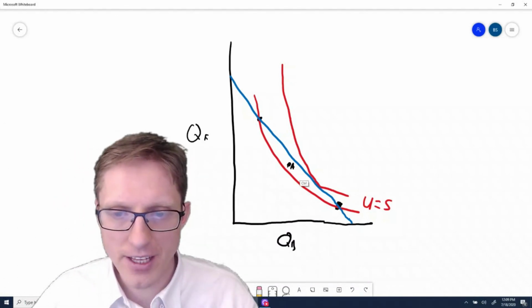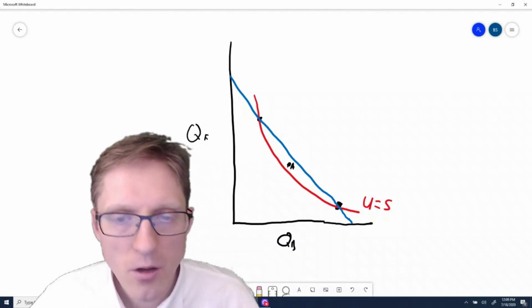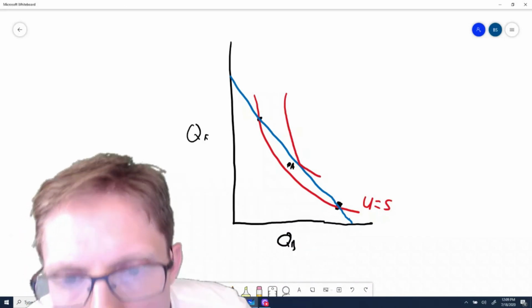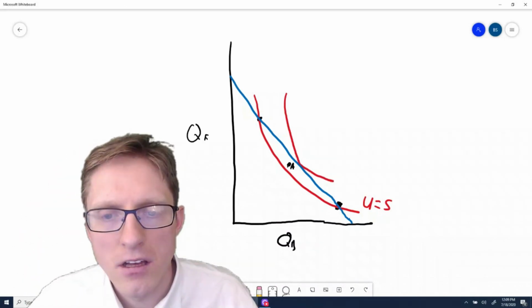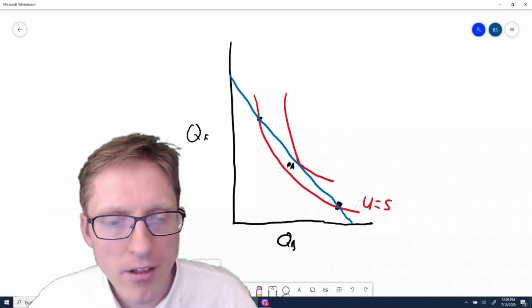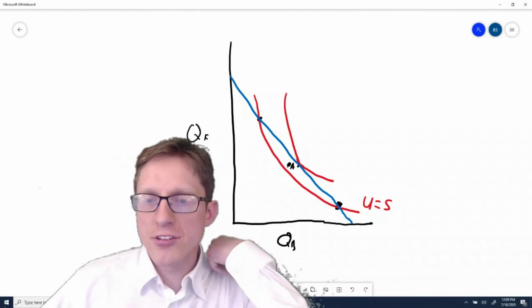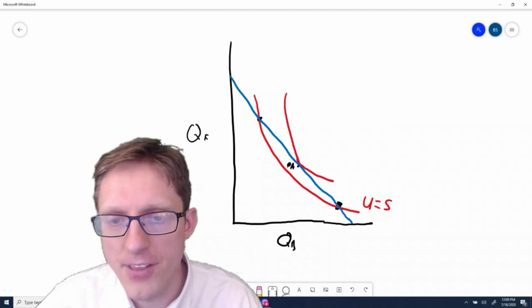Let me actually draw that again. We're going to assume that there's a point where they just touch. The indifference curve never crosses through the budget line. They just touch at that point.